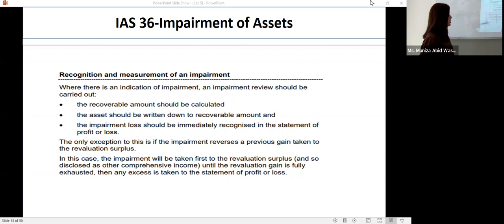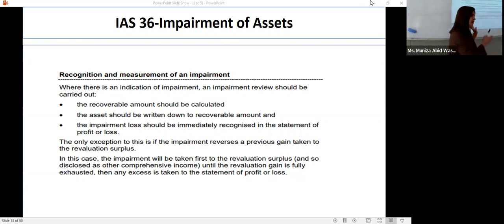And recognition and measurement of an impairment. Where there is an indication of impairment, an impairment review should be carried out. The recoverable amount should be calculated. Now, my dear students, once you come to know that the recoverable amount is lesser than the carrying value, and earlier you were recording your asset at the carrying value in your SOFP, at the time of the impairment, you now will start recognizing the asset at its recoverable amount in your books of accounts.